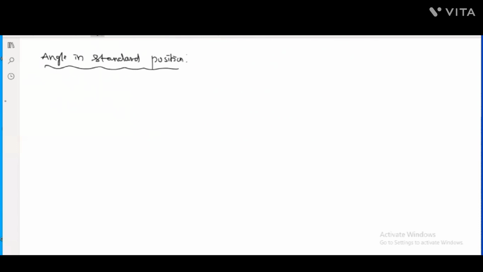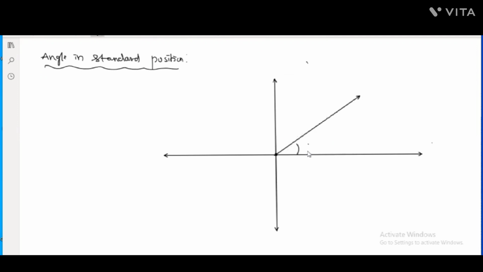If I take a coordinate system, meaning the y-axis and x-axis like this, the angle made by a ray at the origin is called an angle in standard position. This ray is called the terminal ray. Hope you understand what is meant by angle in standard position.